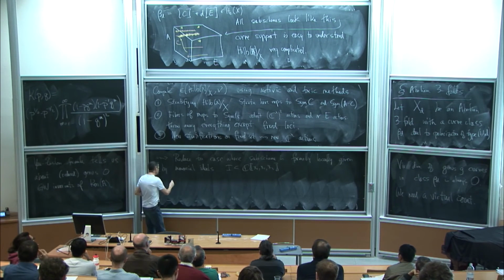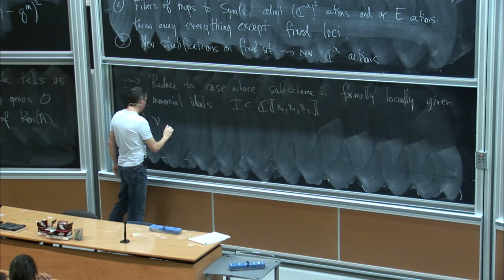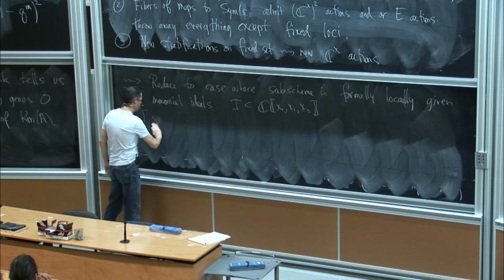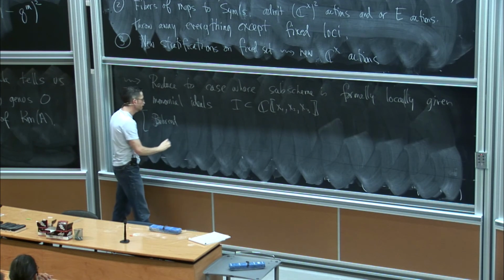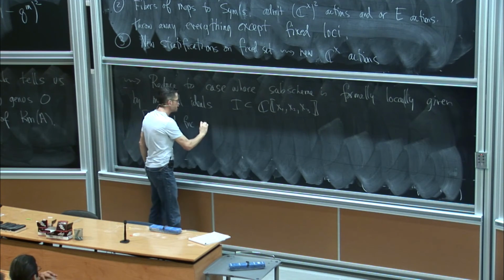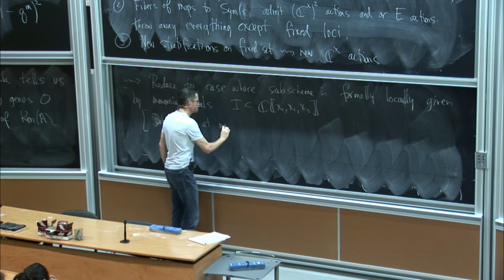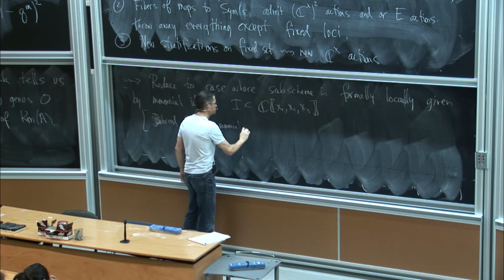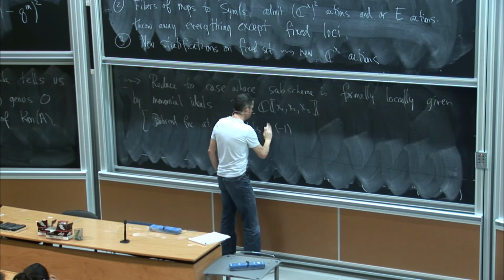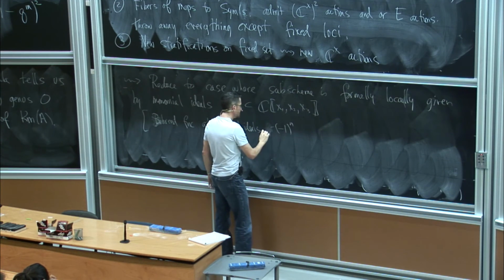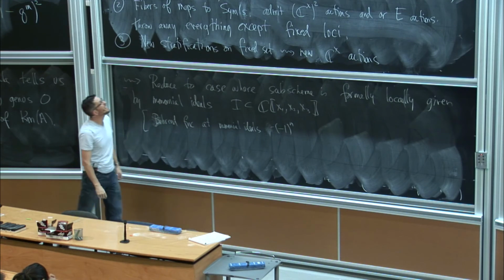So there's one step here, which is that the Behrend function at monomial ideals is very simple. It turns out to be minus 1 to the n.